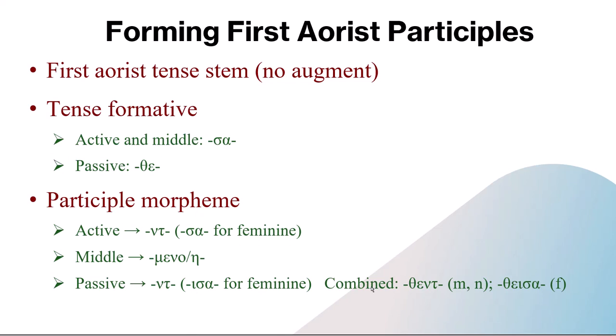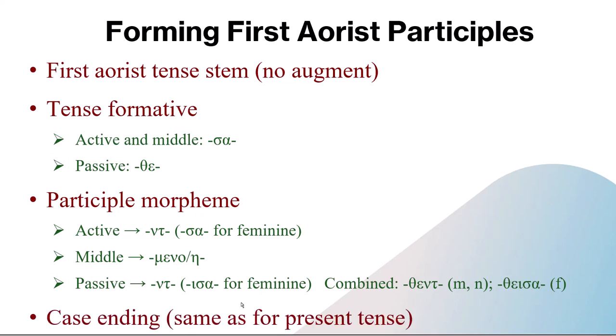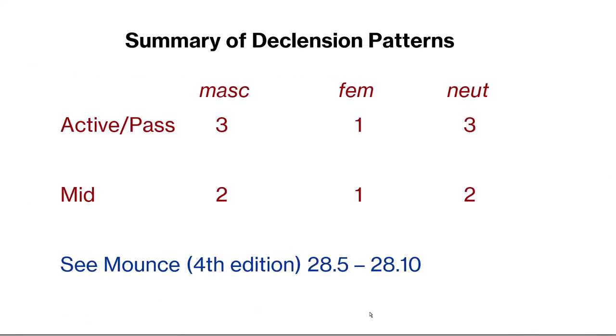If we combine the tense formative and the participle morpheme, for masculine and neuter we get thent, and for feminine we get thesa. We'll see some examples of that. The case ending is the same as for present tense. That means that for the masculine and neuter active, and also masculine and neuter passive, we're going to see third declension.